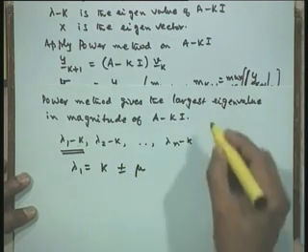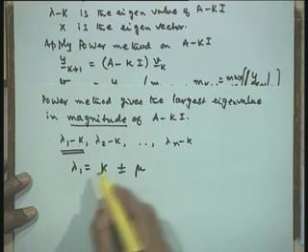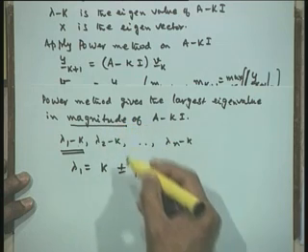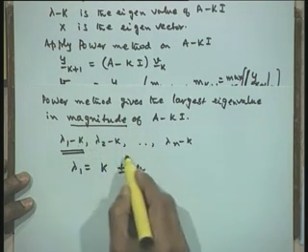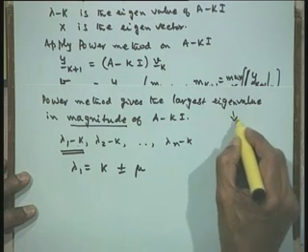Mind you, this is giving it in magnitude. Therefore, the original eigenvalue would be either with a plus sign or with a negative sign. We do not know its sign, so it will be plus minus, and this eigenvalue I am calling mu.